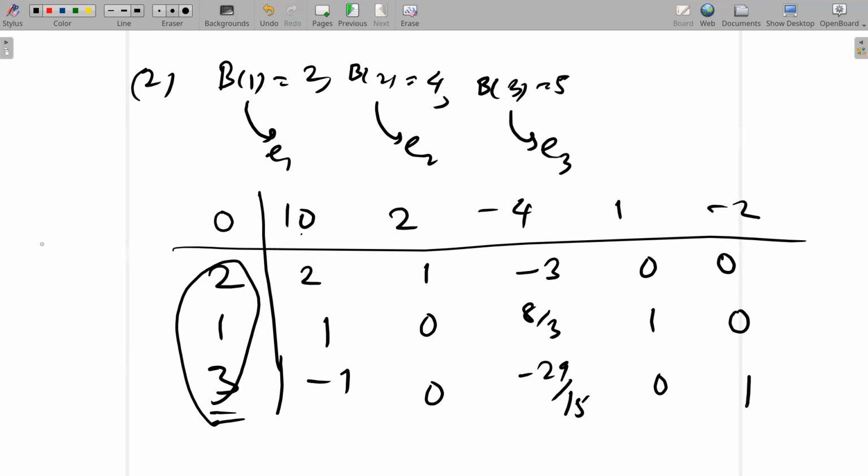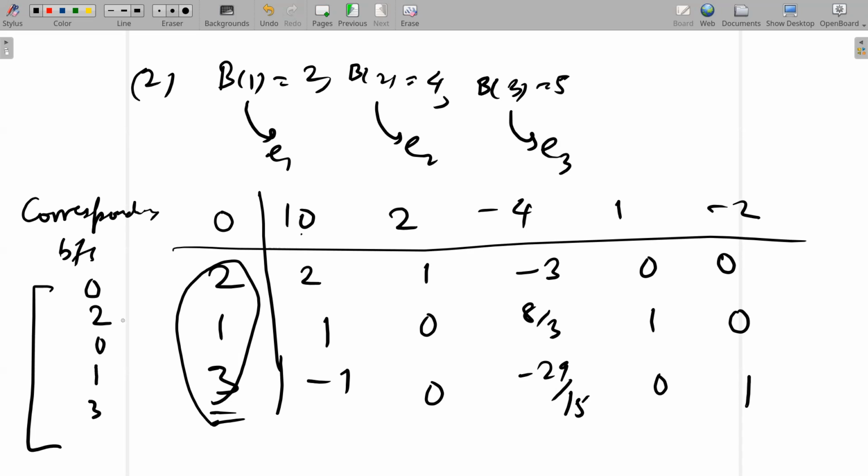The corresponding BFS, you can read up from this tableau. It will be 0 here, then 2 here, then 0 here, then 1 here, 3 here. So this is the corresponding BFS. So 0 for the non-basic columns and 2, 1, 3, because it is in this order.